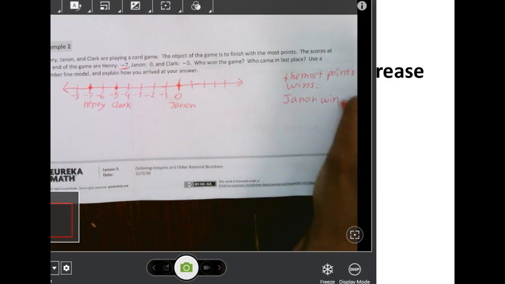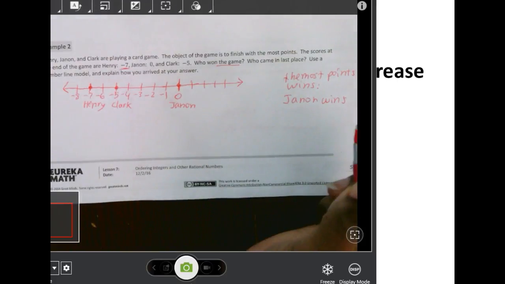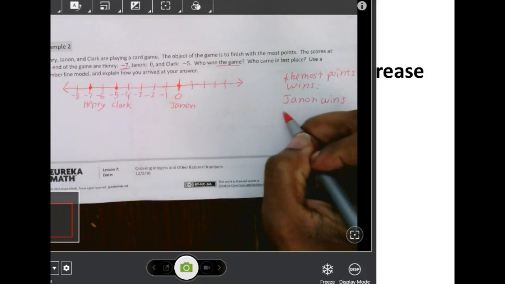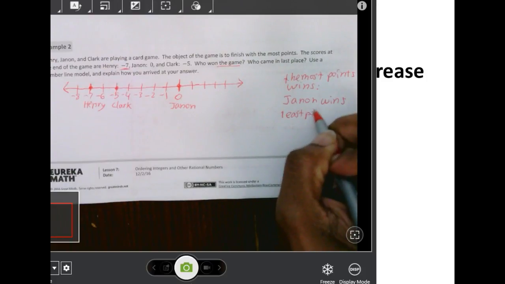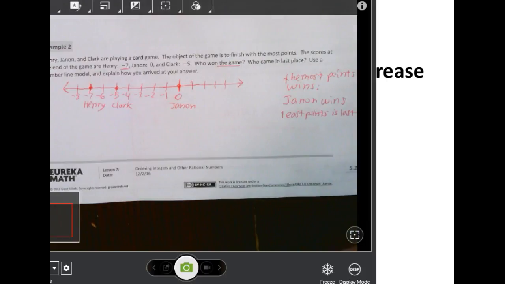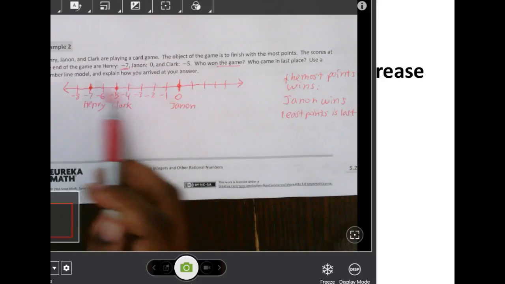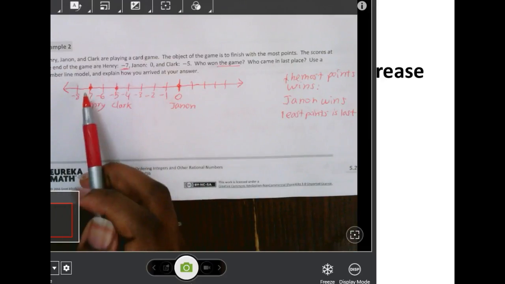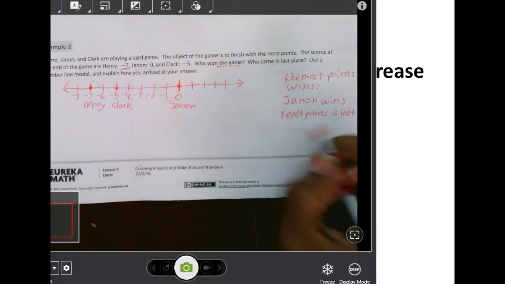The next question, who came in last place? Last place is the least points. So again, we're going to see which number is the farthest to the left, because we are decreasing as we go left. And if I look at this, Henry is the farthest to the left, so he is the loser.